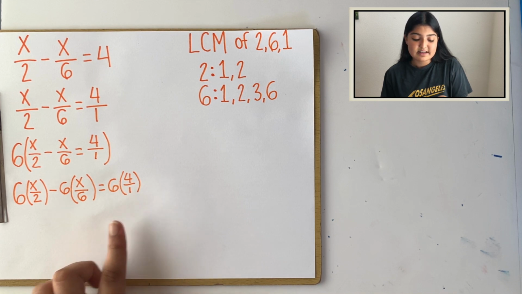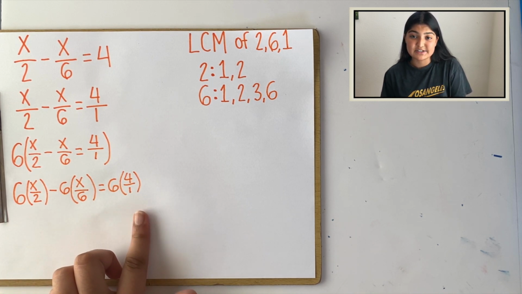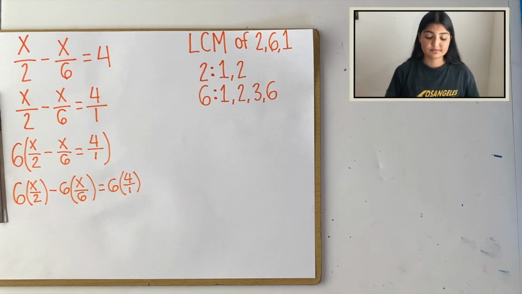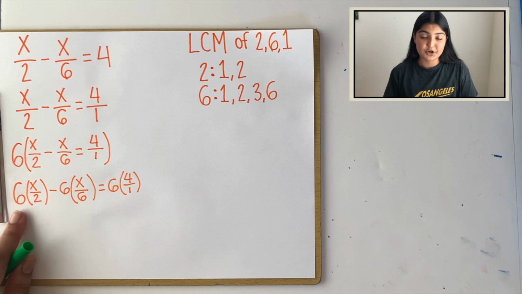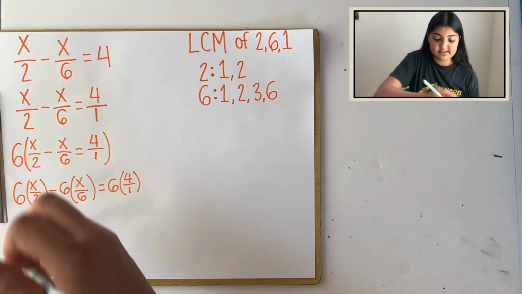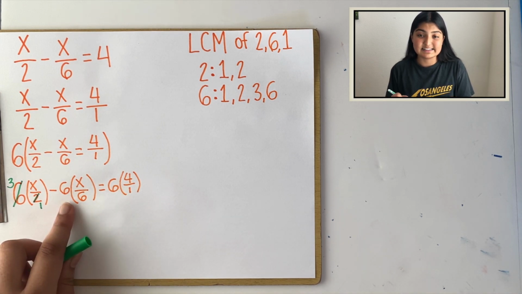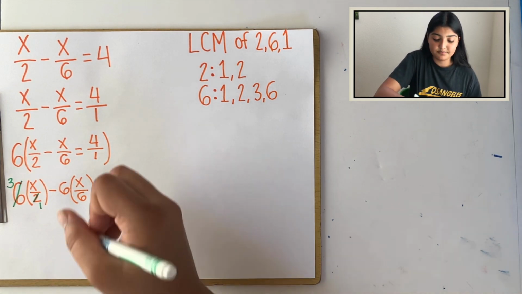Now, let's cross out and divide anything that we can. 2 goes into 6 3 times. 6 goes into 6 1 time.